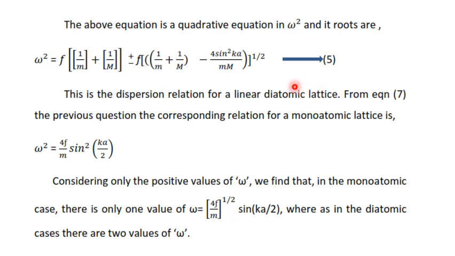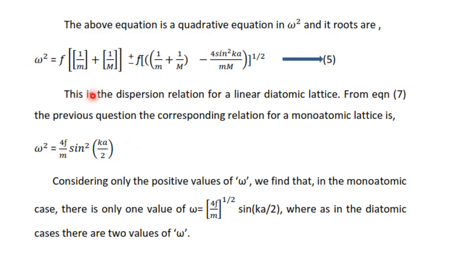For a monoatomic lattice, the equation in the previous class gave omega square equal to 4f by m sin square Ka by 2. This is the monoatomic dispersion equation which was explained in the previous class.